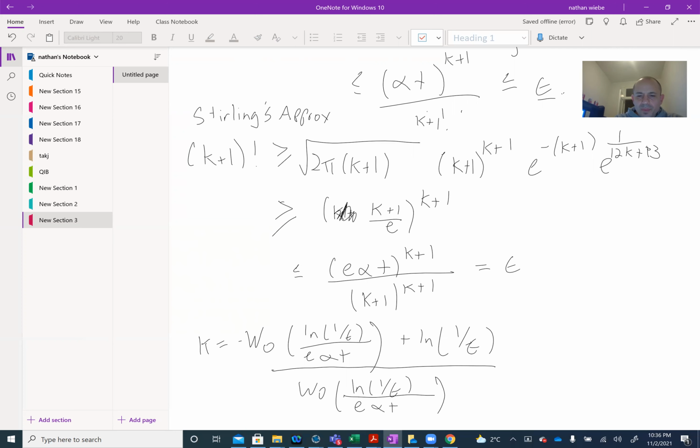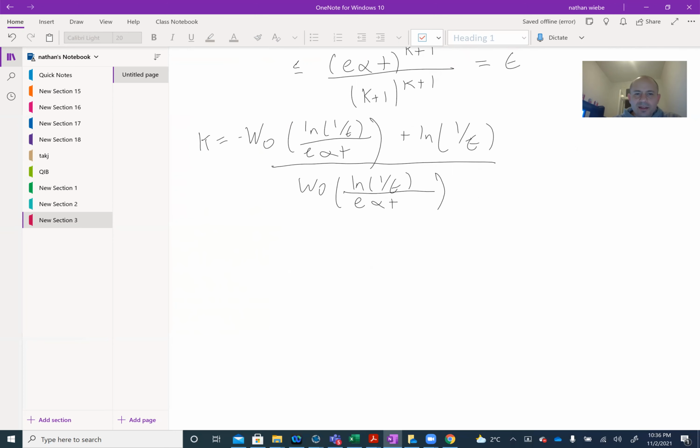Okay, cool. And just to get an idea about this, the Lambert W function, I believe, is like W0(x) equal to ln x plus order ln x.